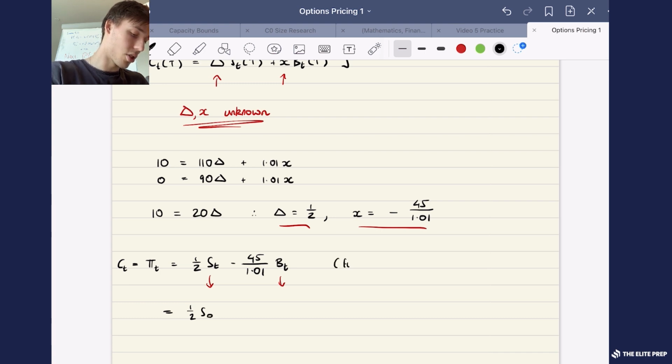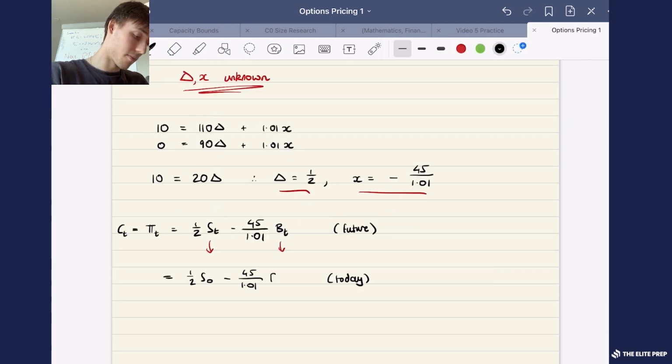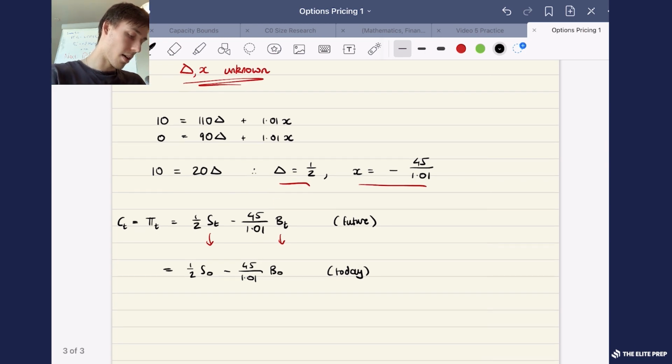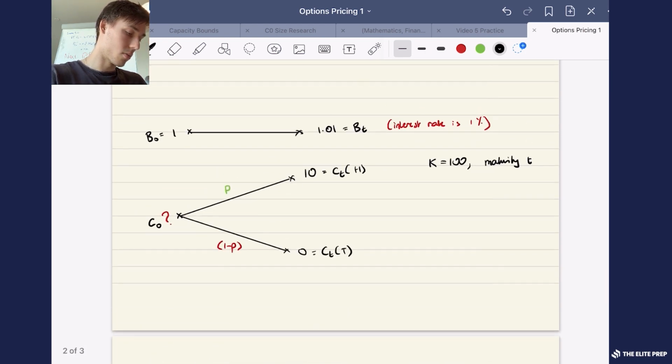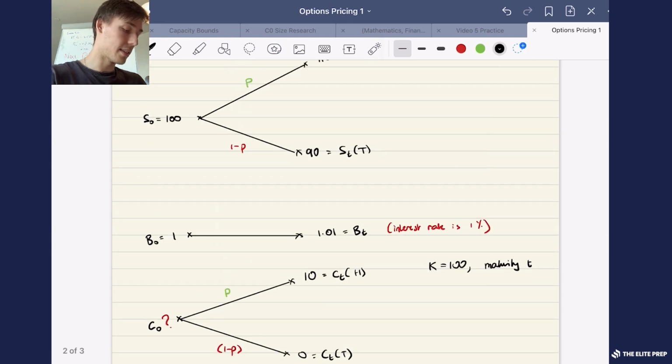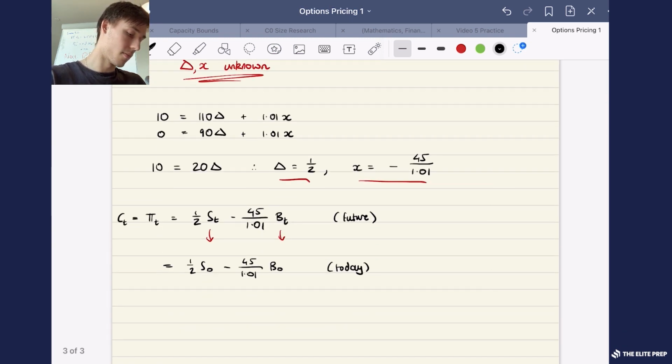So this is in the future. And this is today, minus 45 over 1.01 B0. B0 was just equal to 1. S0 was equal to 100.